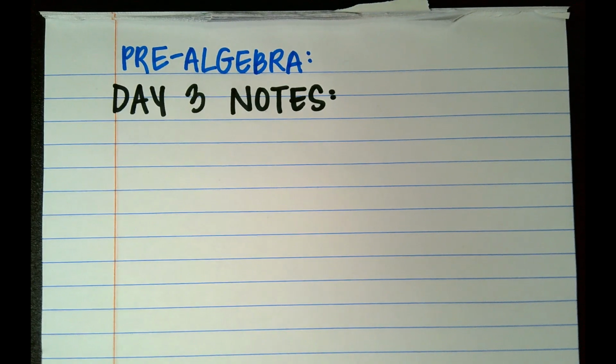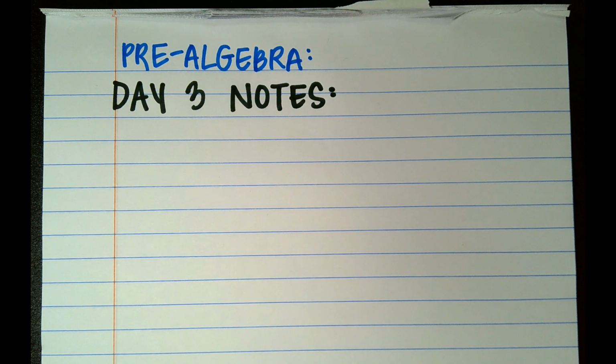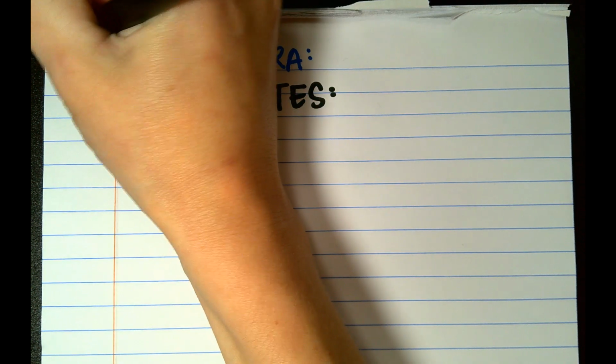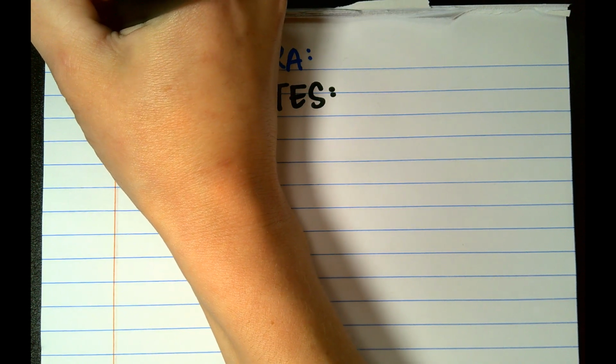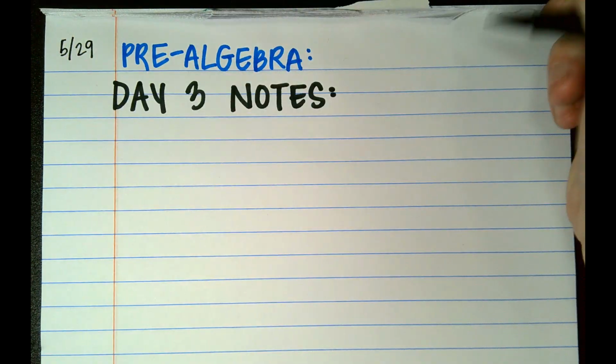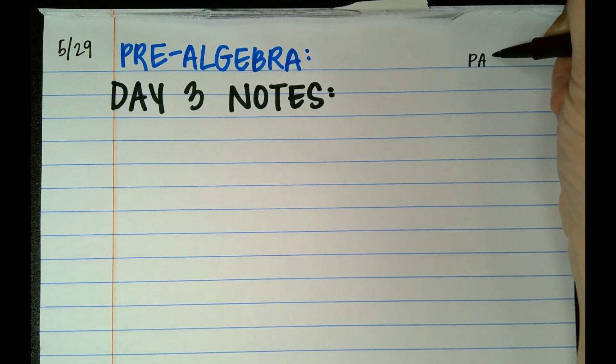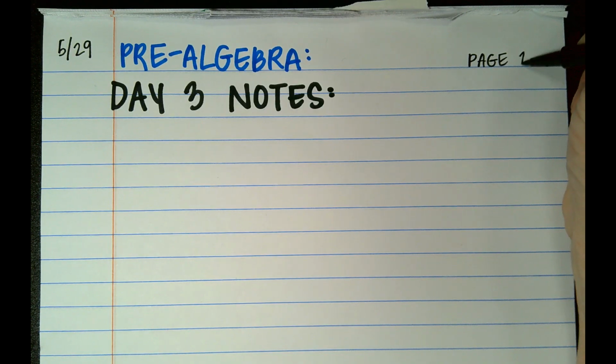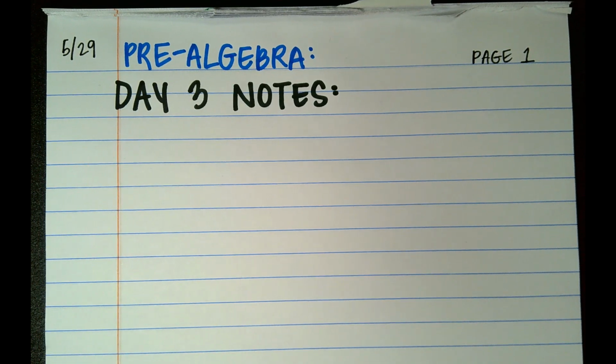Let me pause this. I'll show you where everything is. All right, so day 3 notes. And today, again, I'm just going to write the date: 5/29, May 29th. This is page 1.